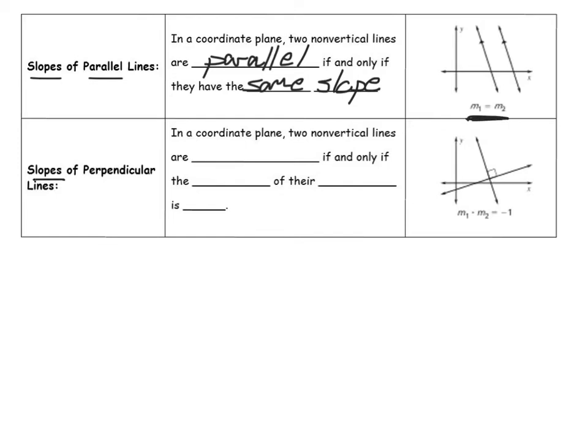And for slopes of perpendicular lines, in the coordinate plane, 2 non-vertical lines are going to be perpendicular if and only if the product, so that's when I multiply, of their slopes is -1.